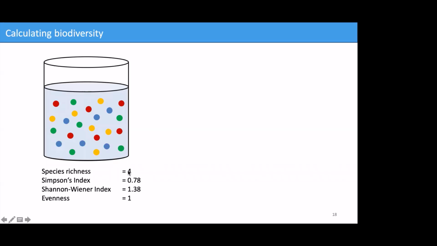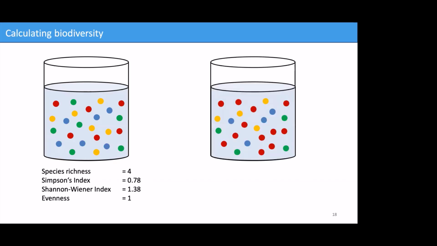This doesn't tell you much right now, okay? Simpson's index doesn't tell much. Is it high, is it low? And also the Shannon-Wiener index cannot tell you much, is it high or is it low, until you have another sample which you can compare it with. Okay. With this sample, you also have the same species richness.